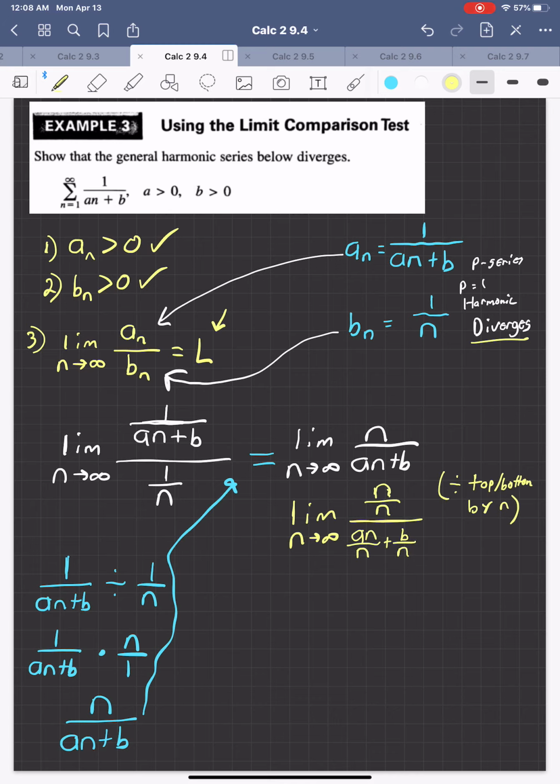Now let's see what that looks like after we simplify it. Now it's the limit as n goes to infinity, and we have 1 over a plus b over n. Now that's perfect. So now let's go ahead and take the limit as n goes to infinity.